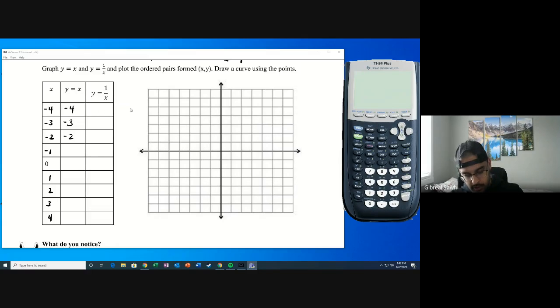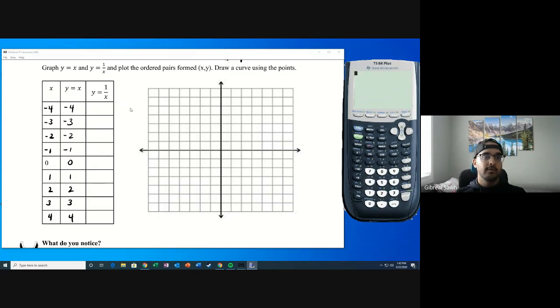Now you can see that if my equation is y is equal to x, all of my y values have to match all of my x values. That's what that says. Now for my reciprocal graph, y is equal to 1/x. So whatever my x value was, we're going to flip that over, take its reciprocal for our y value. Okay, we're going to take all of those and flip them over.